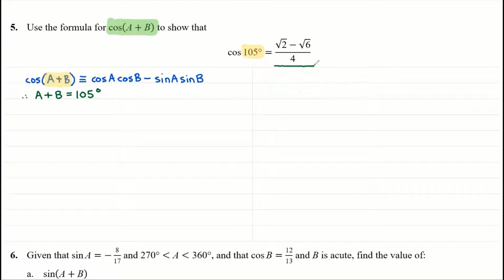So let's think of what A and B could actually be. Well, let's try A is equal to 60, because we know what the cosine and sine of 60 is. That's really handy. And B, to make 105, would have to be 45.